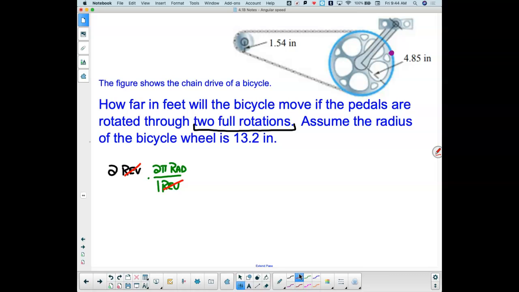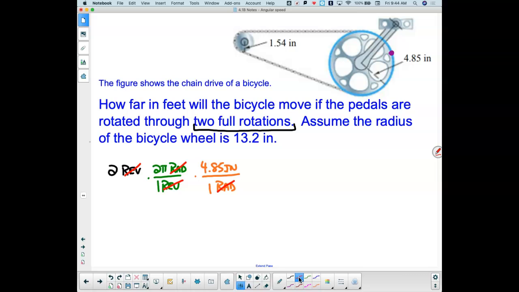So that's the angle that that dot went through. Okay? What about 4.85 inches now? So you want to go here next? You want to go there? Is that what you're saying? Okay. Because I'm still on the pedal.